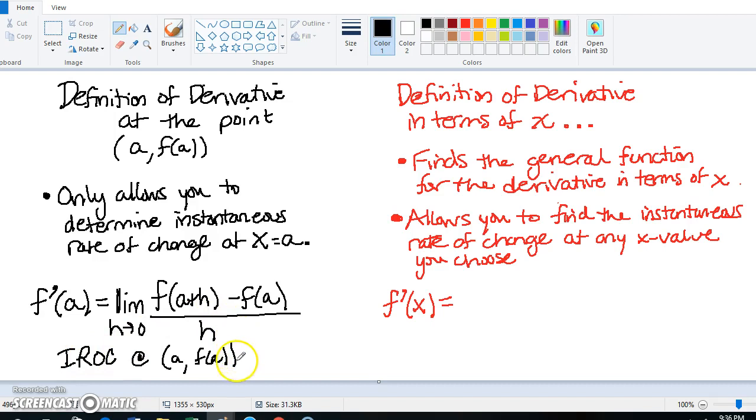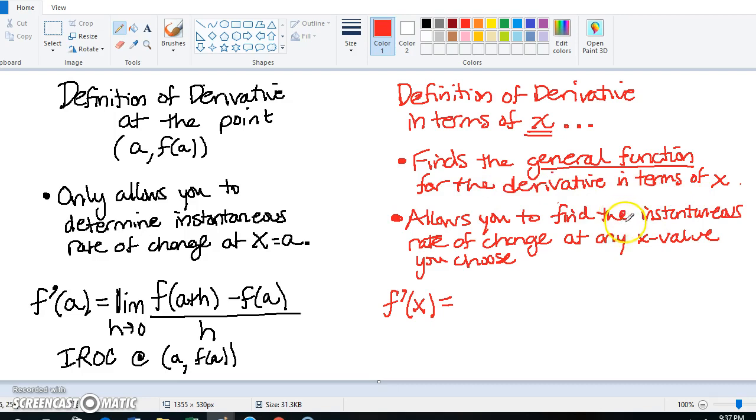But what if we want to know more than one instantaneous rate of change on a function? We are now going to start looking at the definition of derivative in terms of x. So instead of one value, we'll find a general function for the derivative in terms of x.